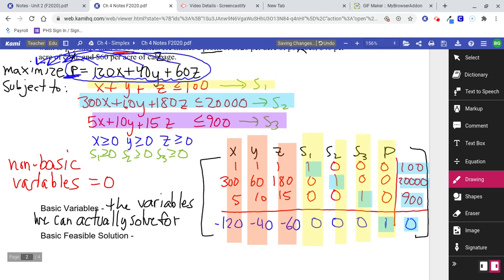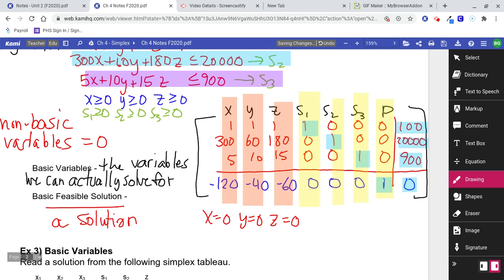And so if I had to come up with a solution, a basic feasible solution is basically a solution, not necessarily the optimum solution. But for this one, x equals 0, y equals 0, z equals 0, S1 equals 100, S2 equals 20,000, S3 equals 900, and P equals 0.